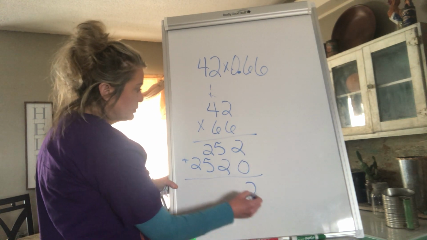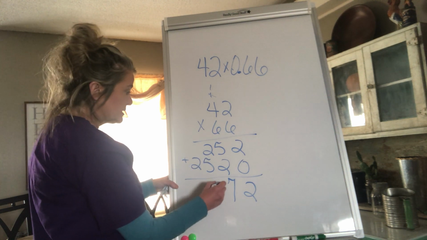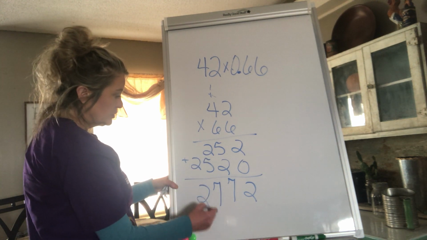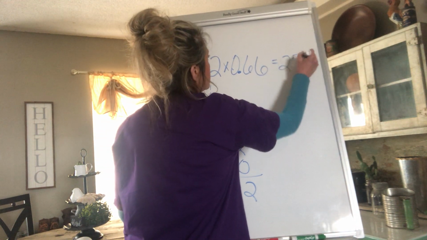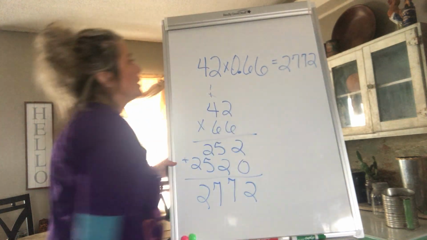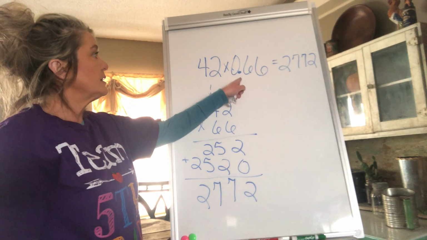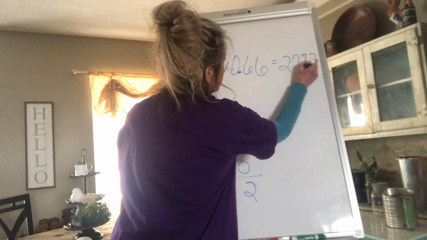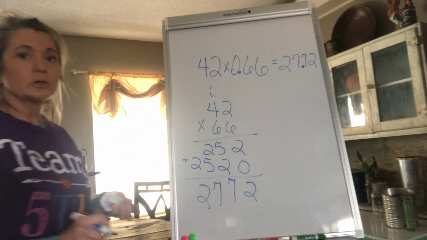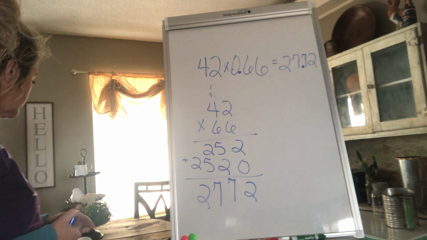So we would have 2. 5 plus 2 is 7. 2 plus 5 is 7. And 2. So our answer over here would be 2,772. But we know that we're dealing with decimal numbers. And if our problem is in hundredths, then our answer would be in hundredths. So our final answer would be 27 and 72 hundredths.